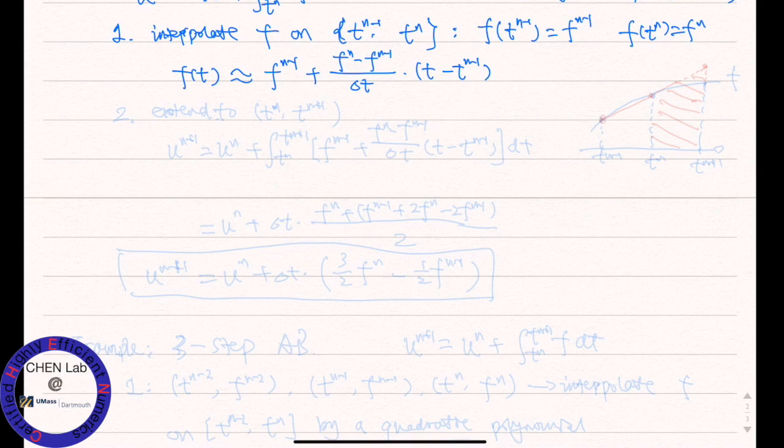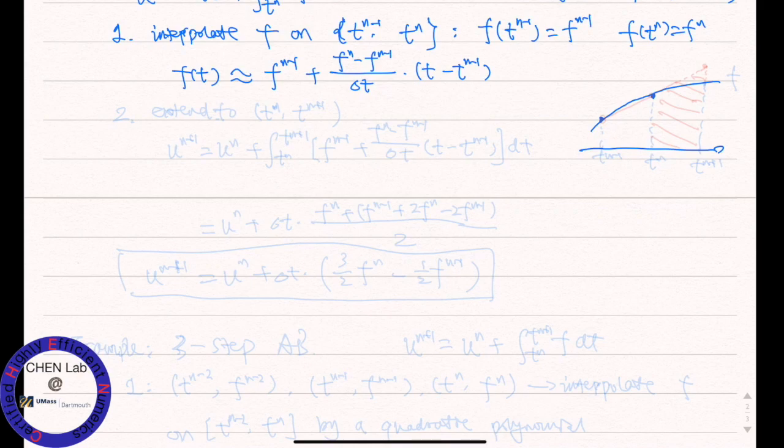Schematically, you have f_{n-1}, f_n, and the function f is unknown.